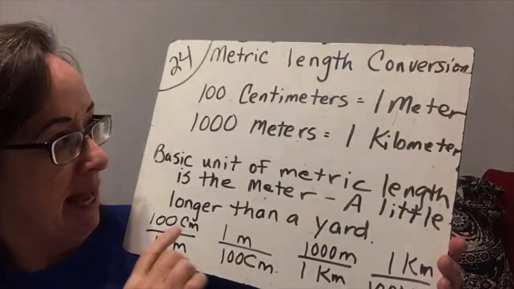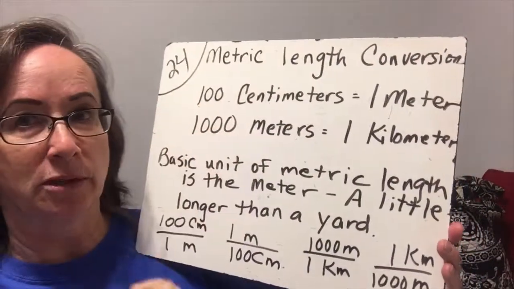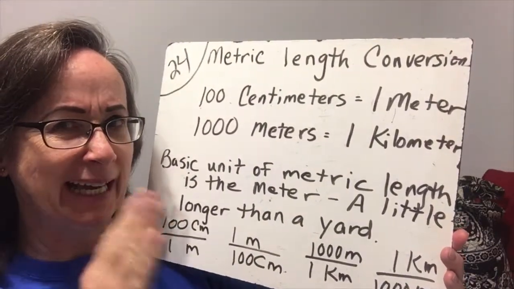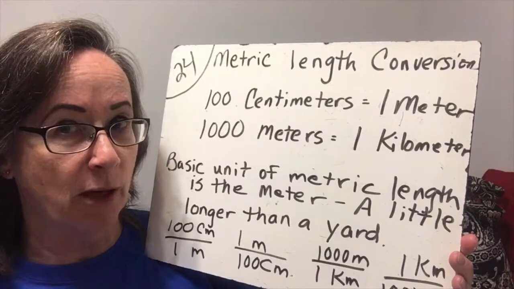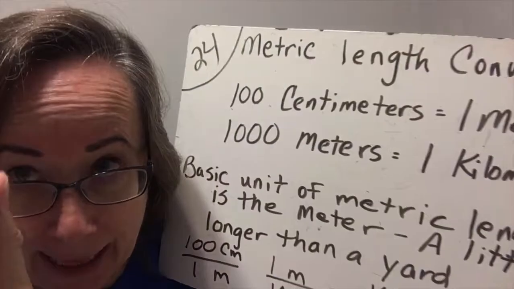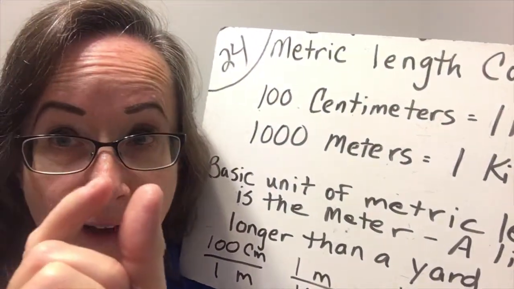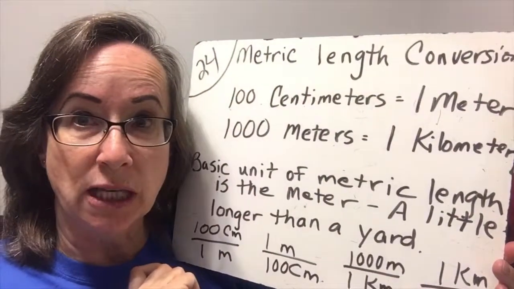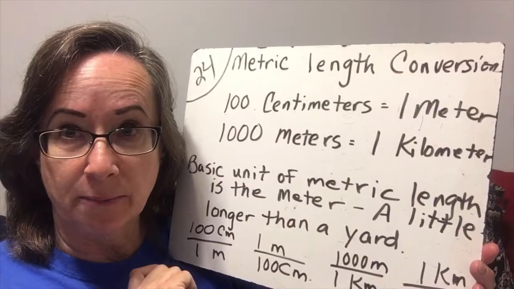So then we have these two rules that we're going to learn. If we took a meter and cut it up into 100 equal parts, that's called a centimeter. So there are 100 centimeters in 1 meter.